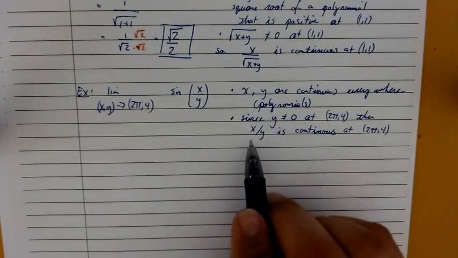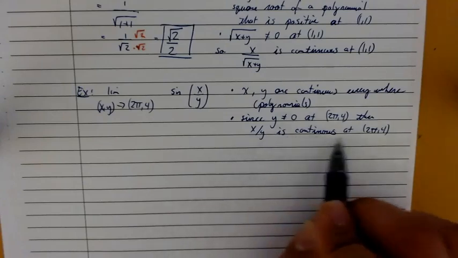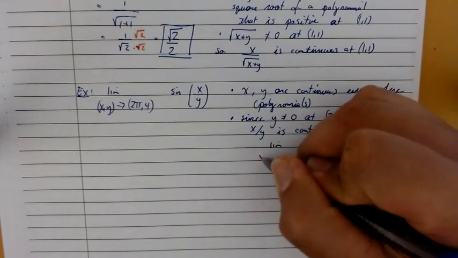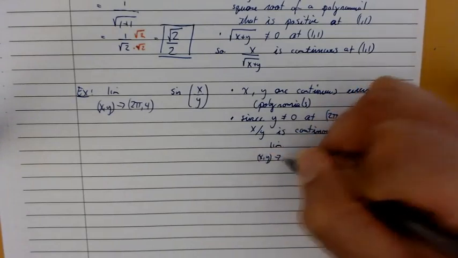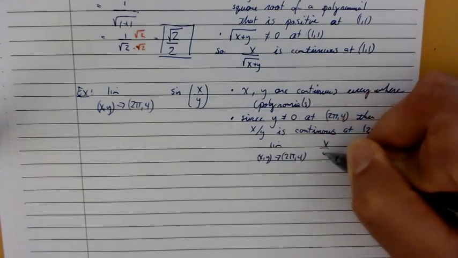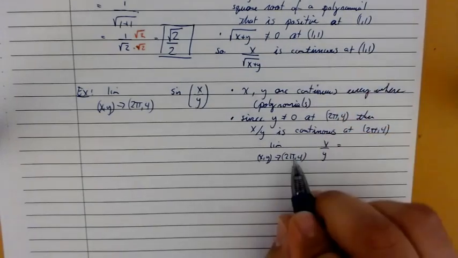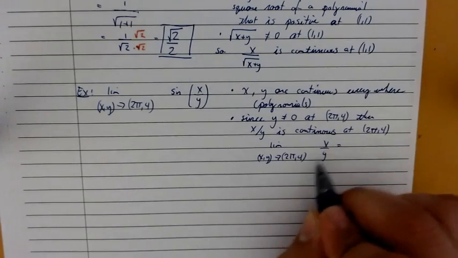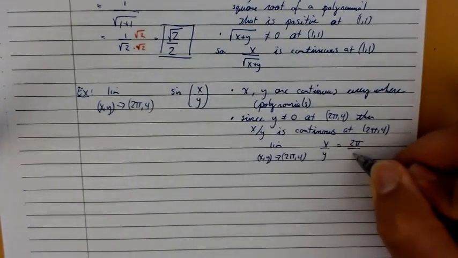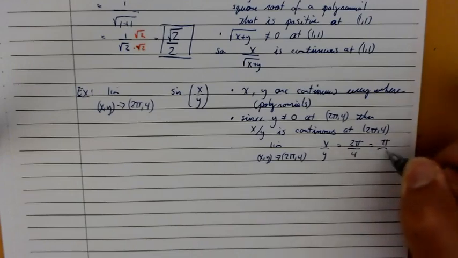Note that because x over y is continuous at 2 pi comma 4, then that means that the limit as x comma y approaches 2 pi comma 4 of x over y is equal to, well, because it's continuous, we can just plug in the numbers. That'll be 2 pi over 4, or in other words, pi over 2.